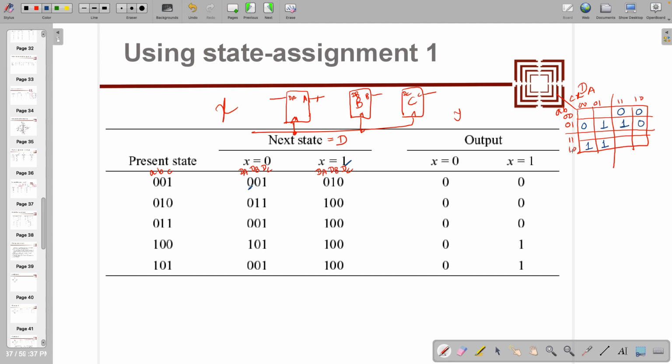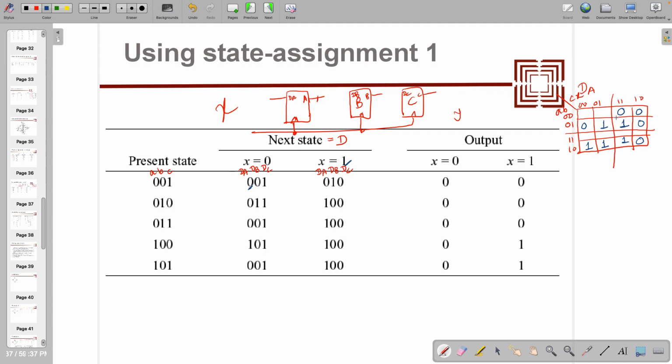Rest of the places you are going to have don't care condition because you don't have all 16.